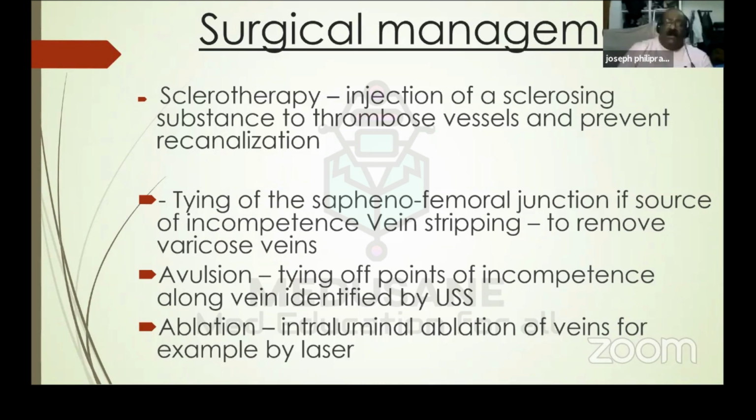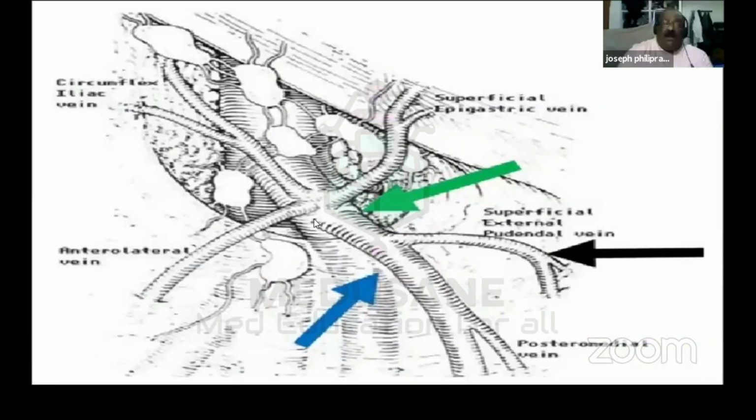So this is the basis of management, and the management has to be catered according to the patient and their job, from conservative to surgical therapy. Now, like I mentioned, this Trendelenburg surgery is flush ligation of the saphenofemoral junction with ligation of tributaries: external pudendal, superficial epigastric, superficial circumflex iliac, and the anterolateral vein, which can be there, and then remove this whole system.